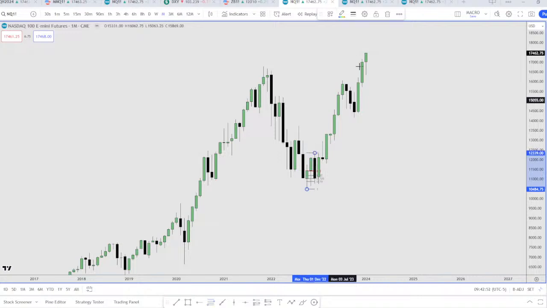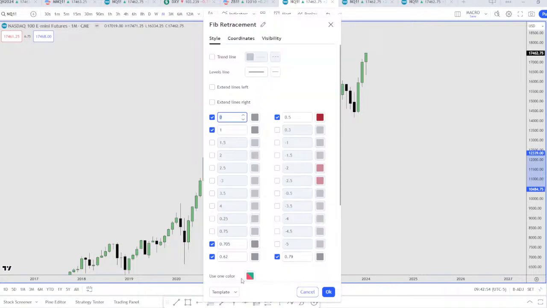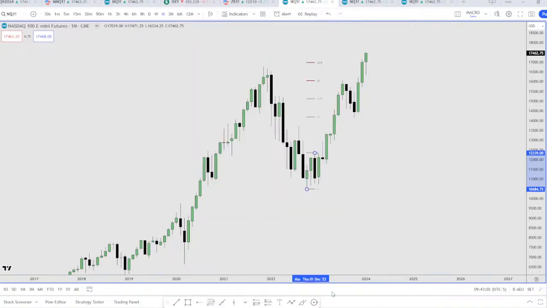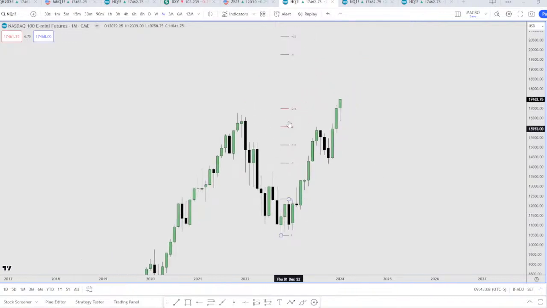Okay, so if you use the projection here from the swing low to the swing high that made the first retracements, basically it's just the first leg of distribution. We're gonna have standard deviation 4 right up here, which I think it's feasible if we can close above 2.5 this month itself.